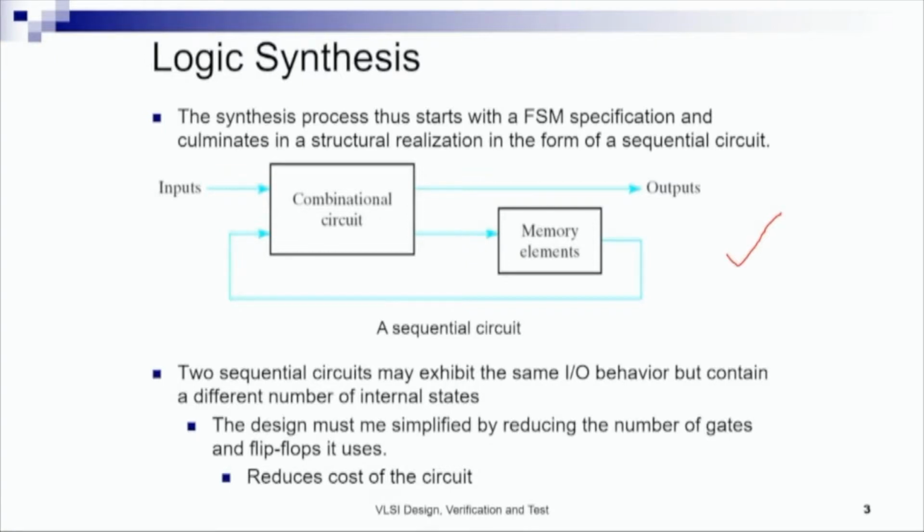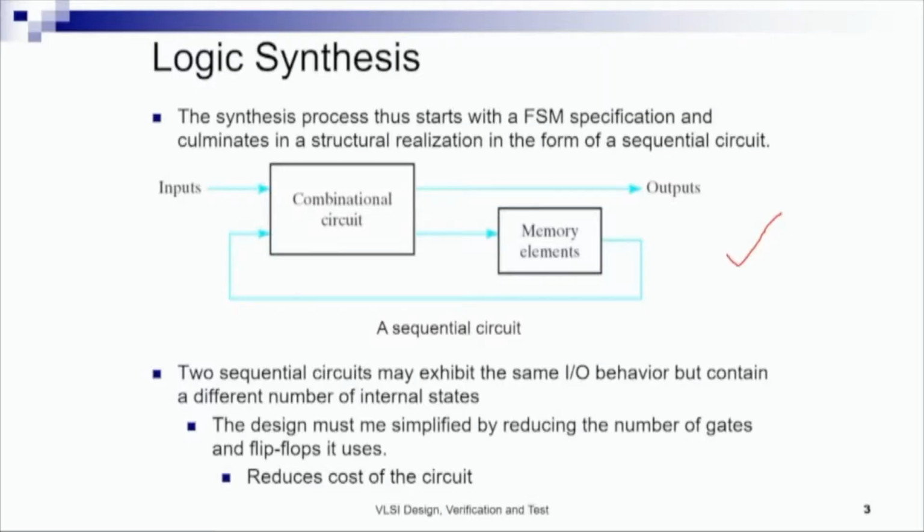Fundamentally, two sequential circuits may exhibit the same I/O behavior but contain a different number of internal states. Therefore, the design must be simplified by reducing the number of gates and flip-flops. Reducing the number of states also reduces the cost of the circuit.